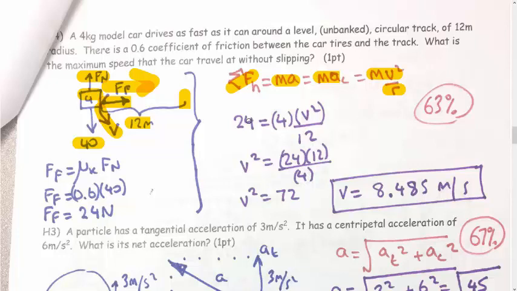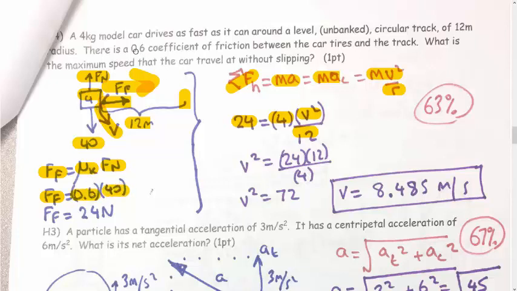So then I say, well, ff is equal to 4 times v squared over 12. And I don't know what ff is. So I say, let's find ff. And I say, well, ff is equal to mu k times fn. ff is equal to 0.6 times 40.